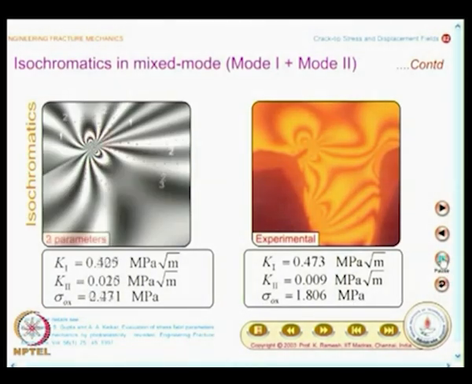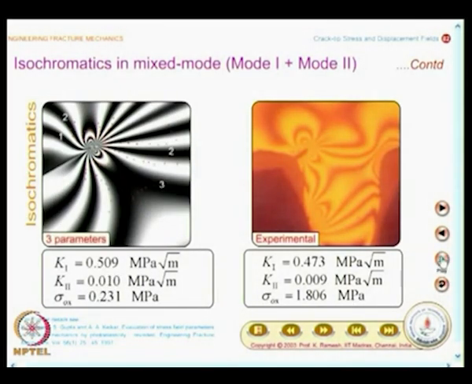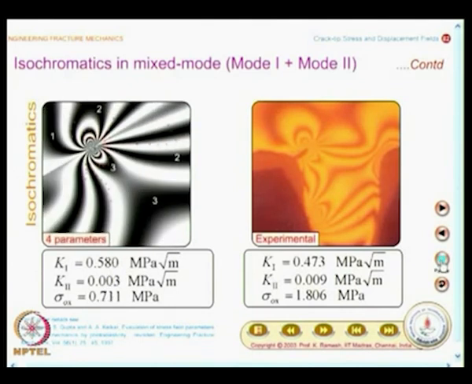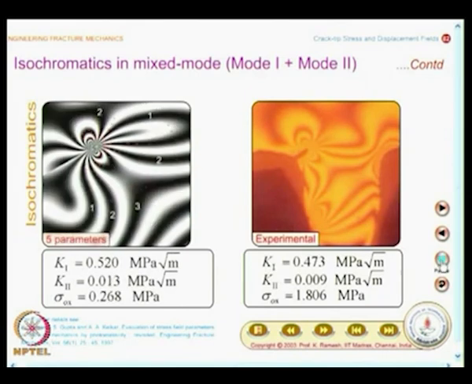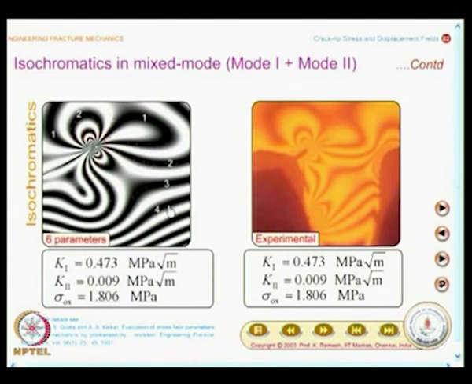Now, you have the 3 parameter solution, you have the 4 parameter solution now, and you have the 5 parameter solution and 6 parameter solution. You could see as we increase the number of terms, the fringes smoothly fit into the experimentally observed data points.